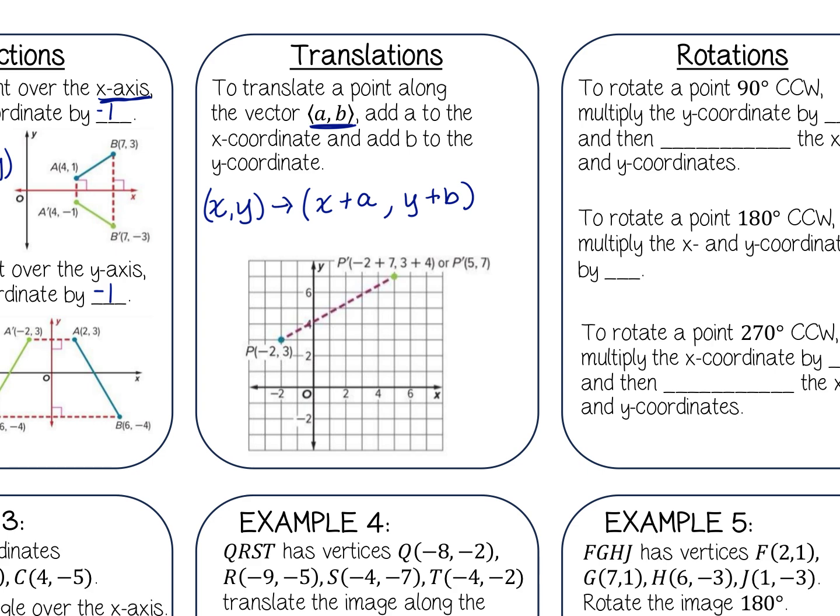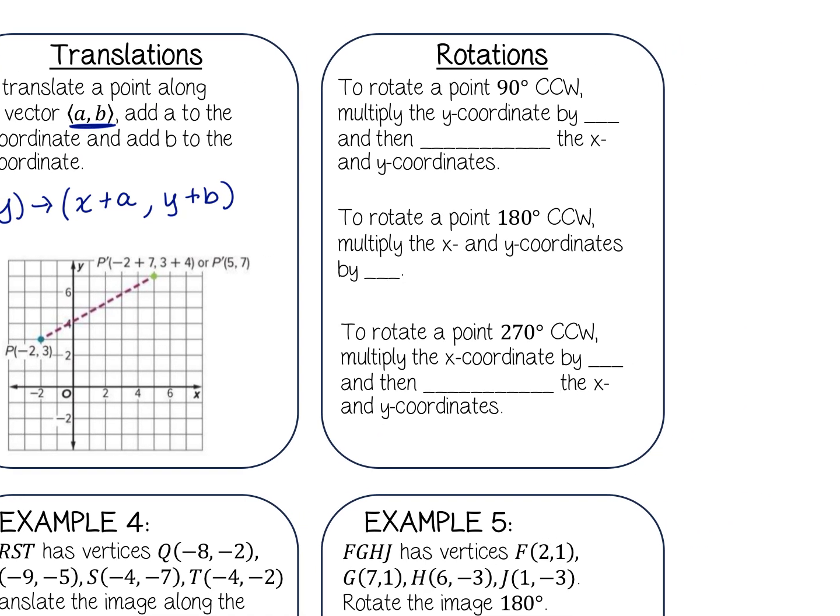All right. And then lastly, we have rotations. So there are 3 main rotations that we will consider. We have rotating about a point, versus to rotate a point 90 degrees CCW. CCW stands for counterclockwise. If you don't think you'll remember that, make sure to note that somewhere.